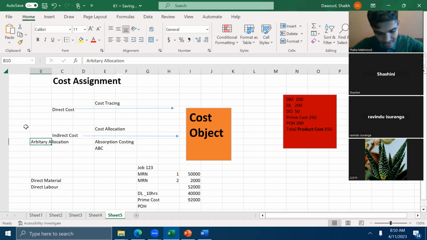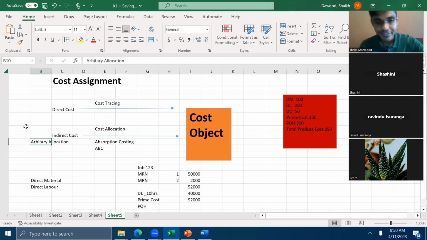Arbitrary means we look for the real reason these overhead costs are incurred, find a reason that is close to it, and based on that we allocate overhead costs. Now if we take things like supervisor salary, rent, electricity, the reason we incur them is not because of direct labor hours.